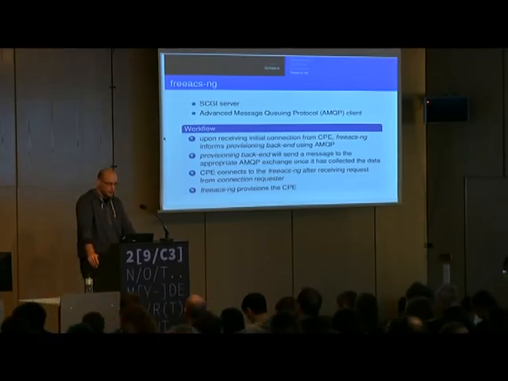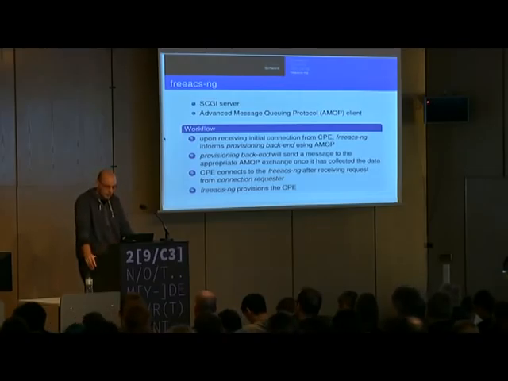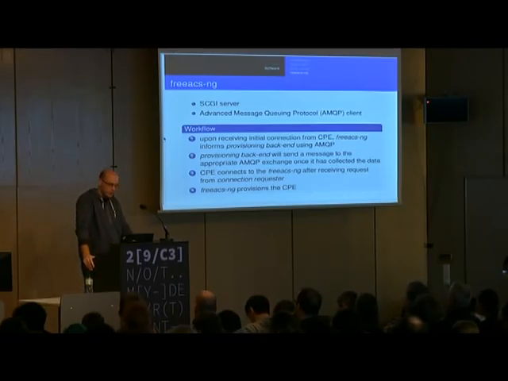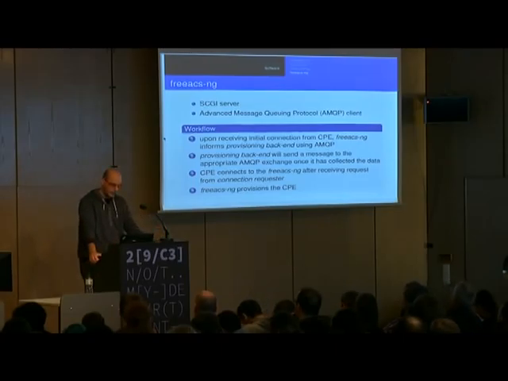So at the moment, the workflow is something like this. FreeACS-NG receives an Inform connection message from the CPE and sends the message to the backend AMQP. The provisioning backend will then pick up this message and do some magic, right?